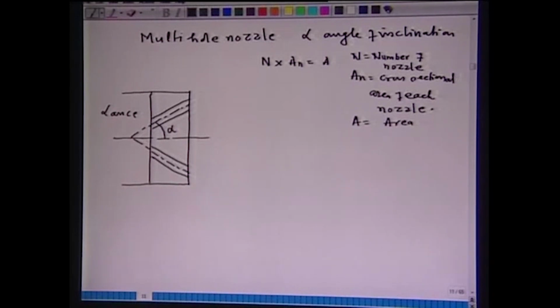So, if you put it as pi by 4 d square, then we get d equal to root n into d_n. For a multi-hole nozzle, the coalescence of the jets will depend upon the angle of inclination of each nozzle.